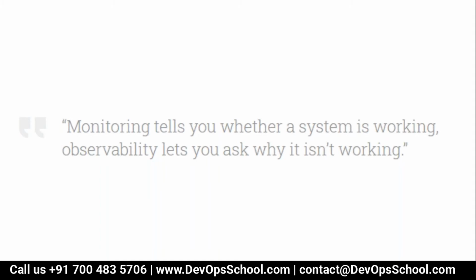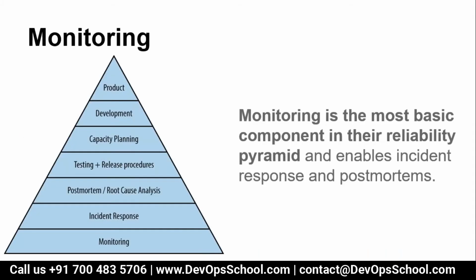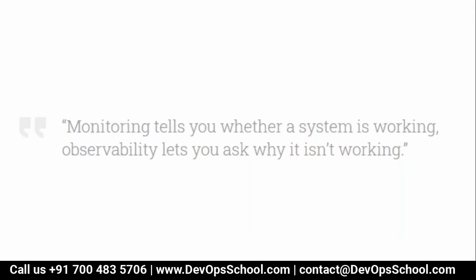There's a slight difference between monitoring and observability, and nowadays we are trying to set up observability. We are not trying to just monitor something, or enable incident response and then postmortem. Beforehand, we are trying to take steps to know why the system is not working.